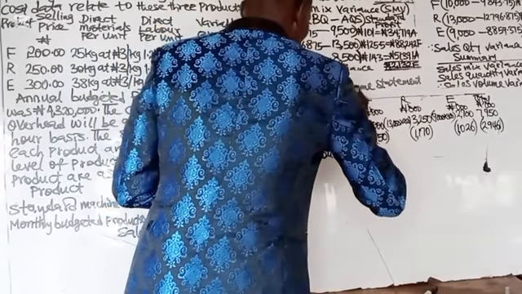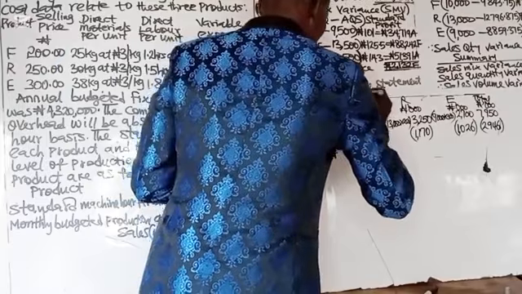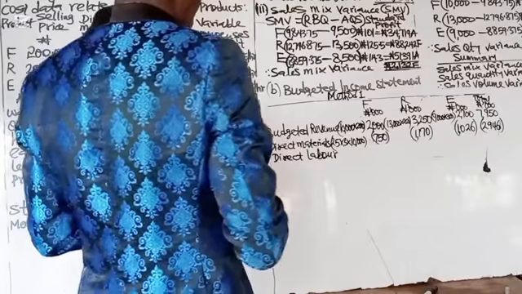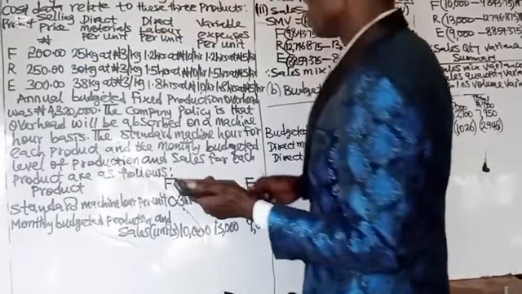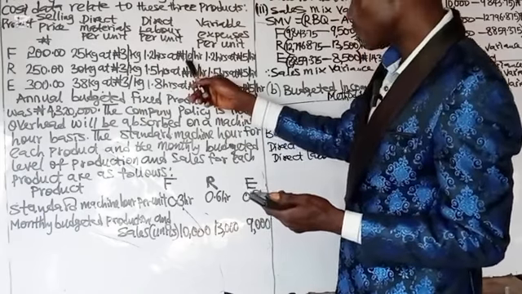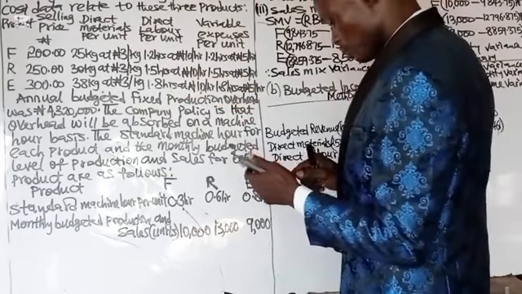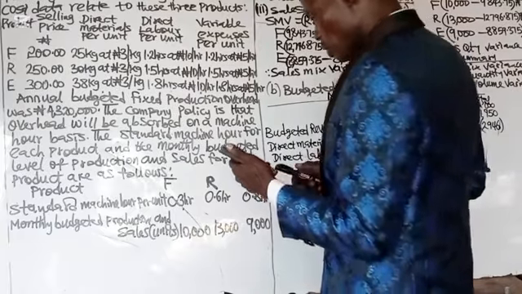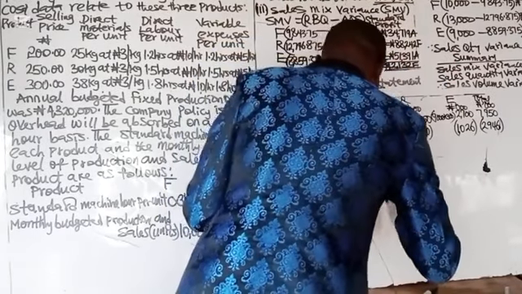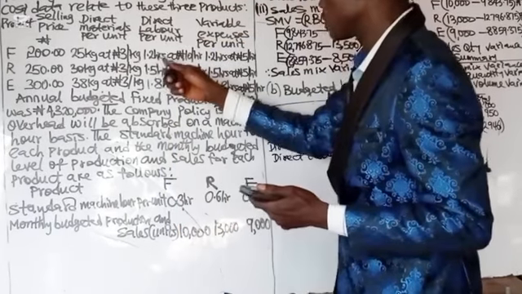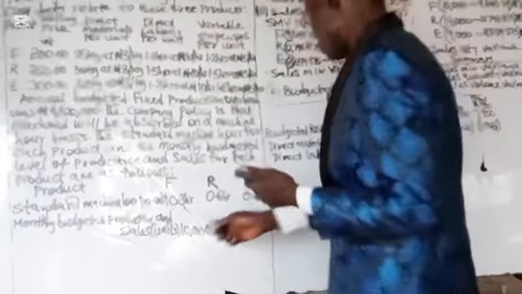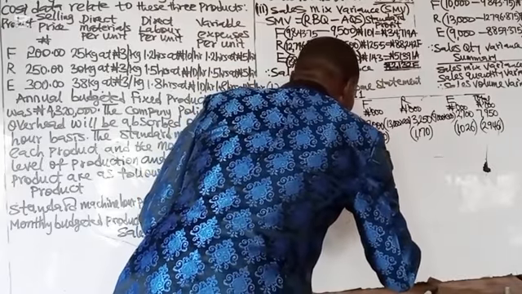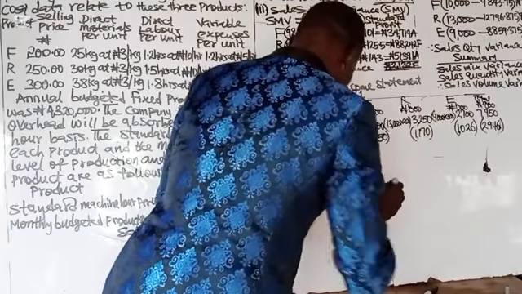Let me say this one is method 1, direct labor. So 1.2 times 10, which is 12, times 10,000. That gives us 120,000. 1.2 times 10 times 10,000 gives us 120,000.